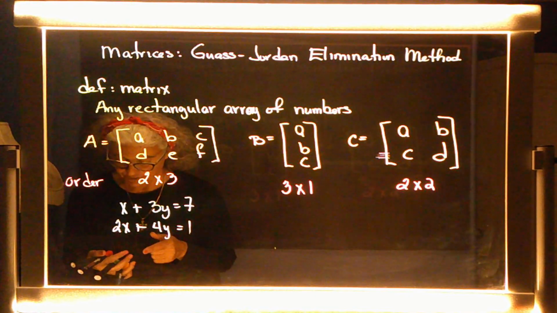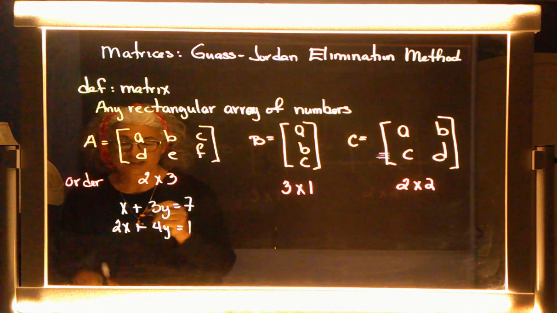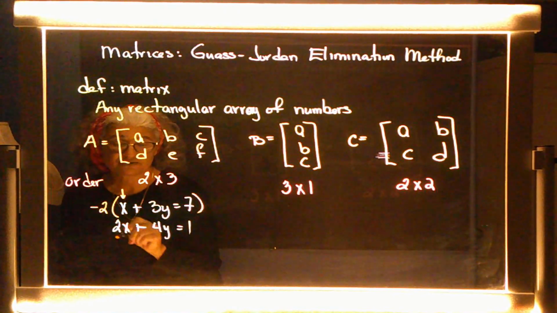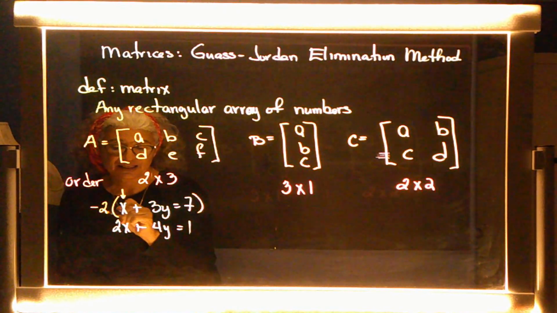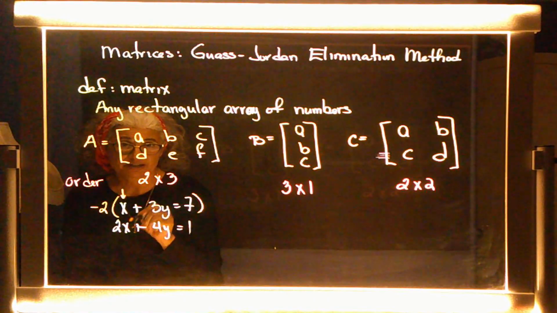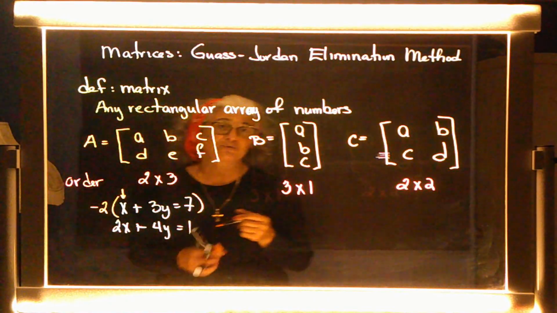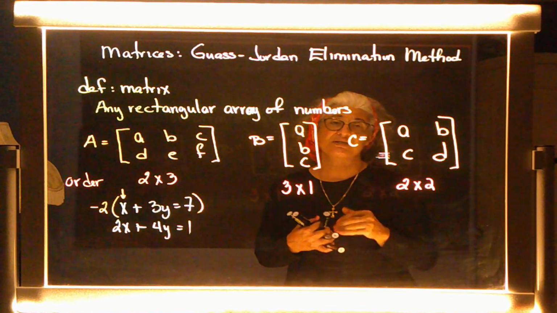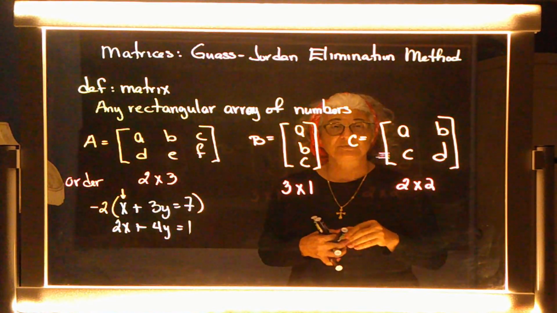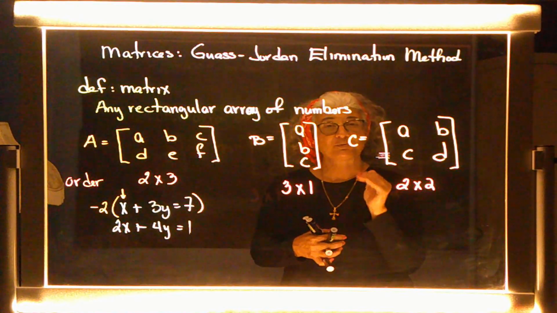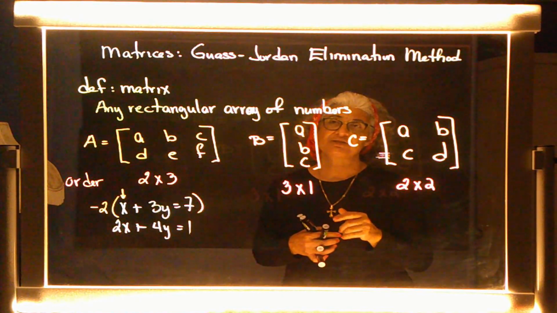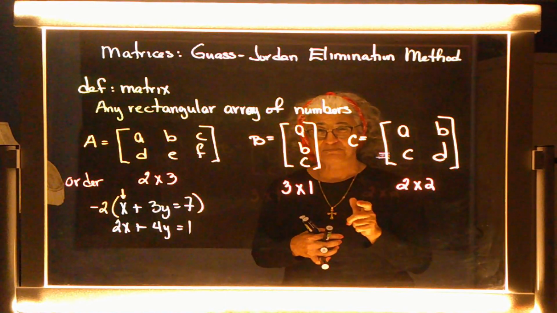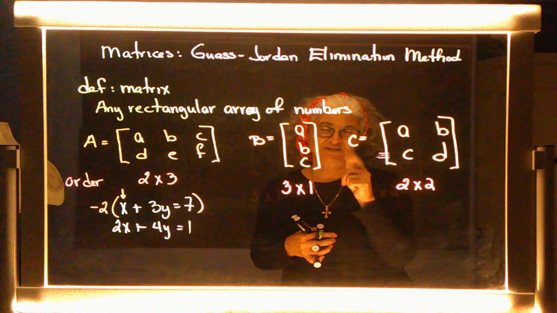For instance, if I chose to eliminate the x's, I would multiply this top equation by a -2 so that this top x and this bottom x, when I add them together, would cancel out. That's basically what we're doing using matrices with Gauss-Jordan elimination, but without variables, which makes it a little bit shorter to deal with. With me? So hang in there, I've got an example.